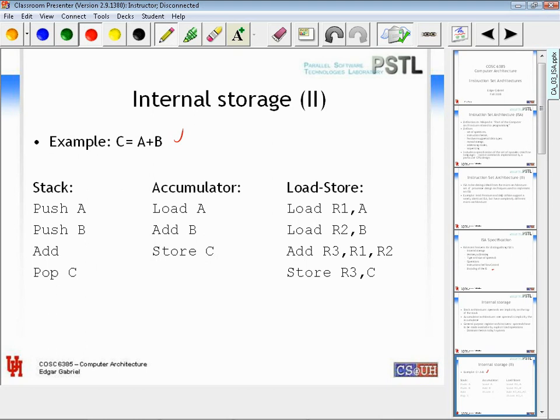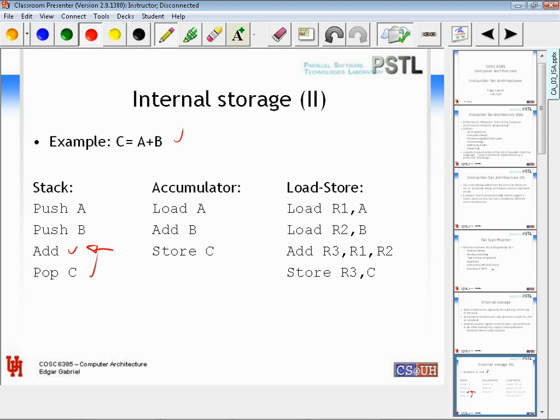In a stack architecture, you basically have to push the elements A and B onto the top of your stack. You then execute the add operation, and the result is at the top of your stack. Therefore, in order to store that element, you have to pop it from the stack. Please note that the add operation here does not have any arguments.